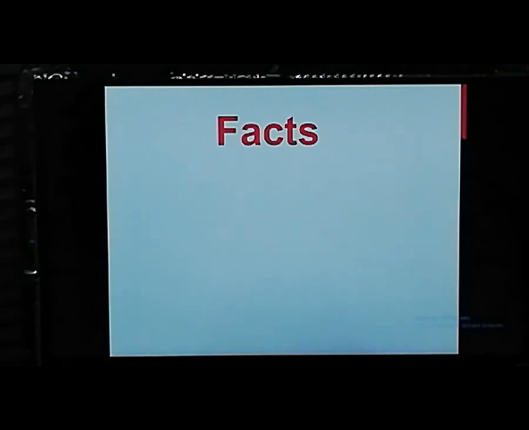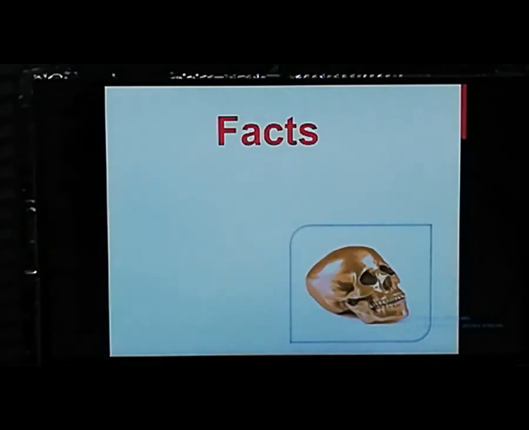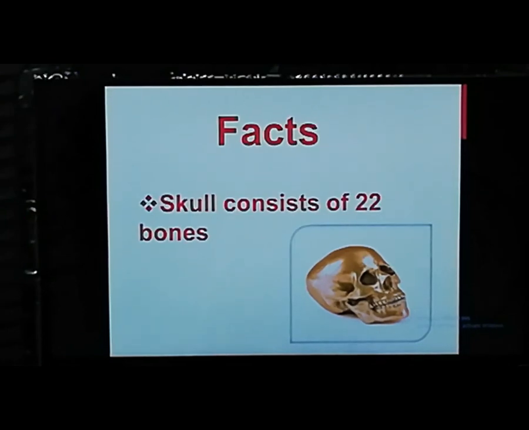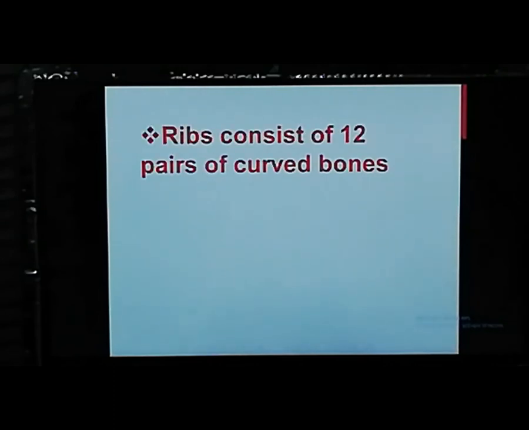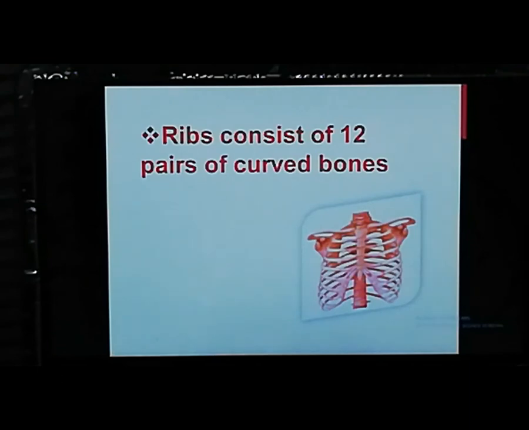So students, now we are going to learn some facts about the human skeleton. Our skull consists of 22 bones. Our ribs consist of 12 pairs of curved bones.